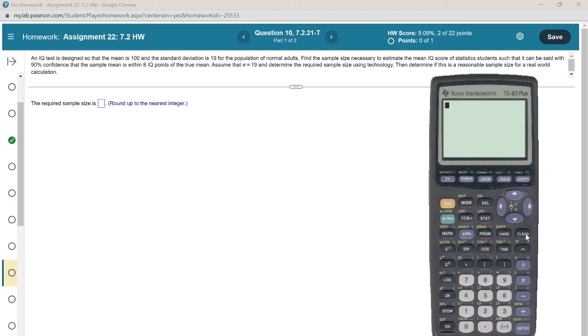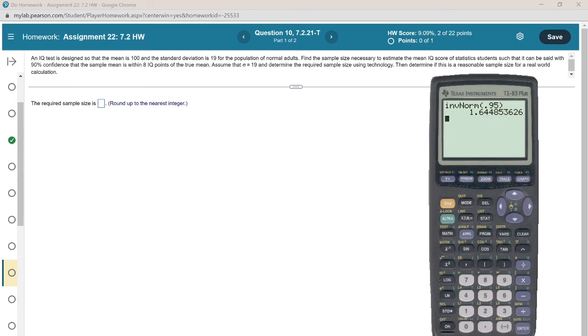So to find Z alpha over 2, we use second variance, and then number 3, 5% to the right. So to the left it would be 95%. The Z-score to the left, where the area under the curve is 95%, is 1.6444.